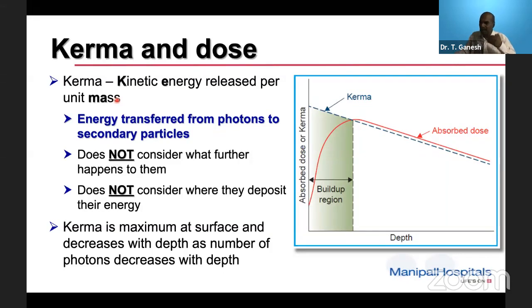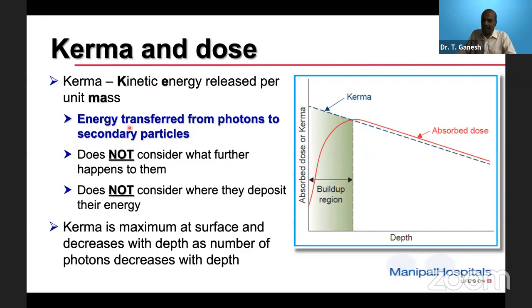First, energy is given to the secondary electrons, and then the secondary electrons in turn deposit the dose in the medium.